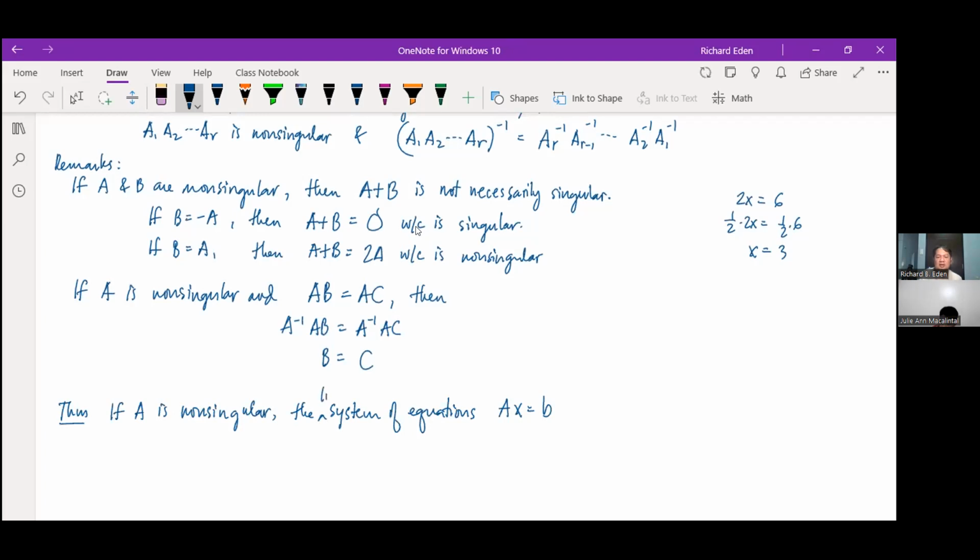The linear system of equations AX equals B. We talked about how there are 3 possible states last time. This could be inconsistent, meaning not having a solution, or it could have a unique solution, or it could have infinitely many solutions.